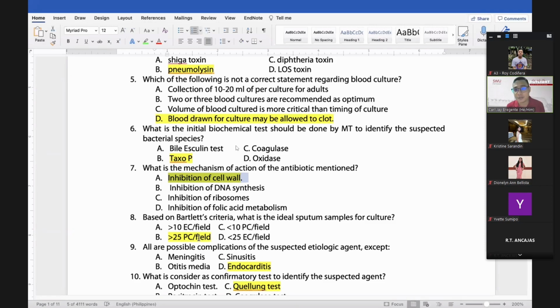So if ever you receive a sample na nakasaliva, class, reject that sample or tell the patient to collect another sample, tell them how to collect sputum sample properly. But when sa internship nyo, class, hindi kayo pwede mag-reject directly. You just ask first your medtech in charge kung saan kayo na-assign.